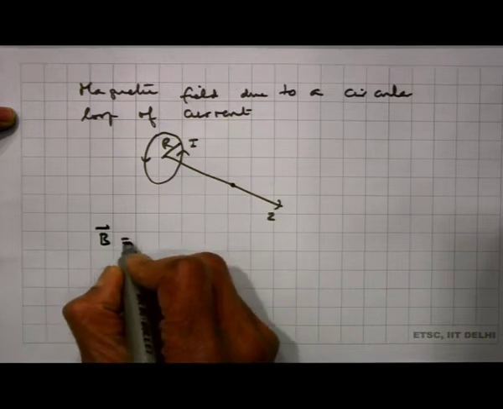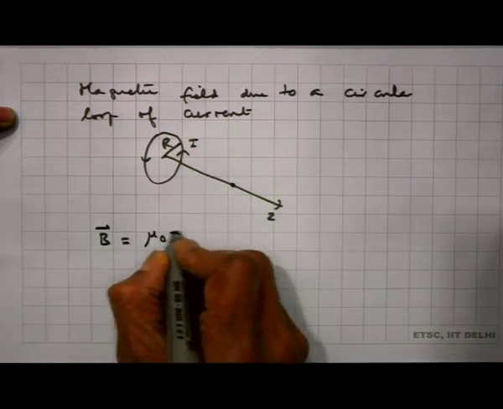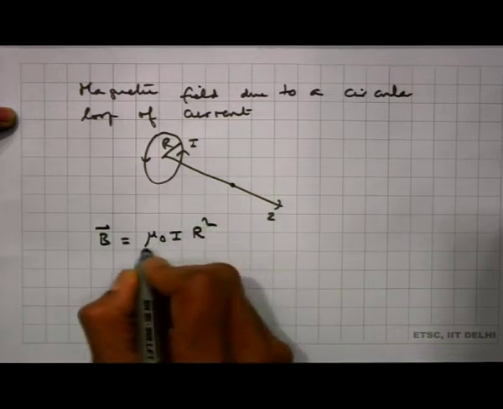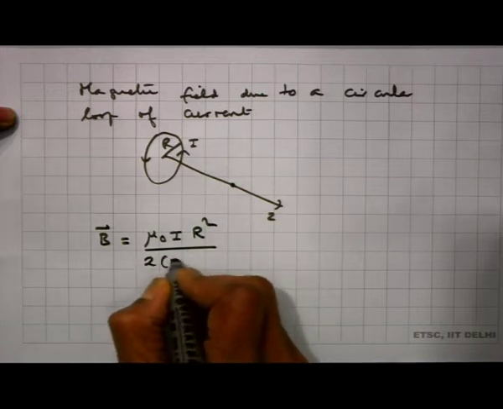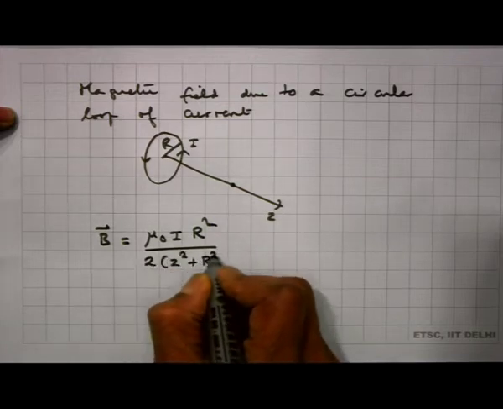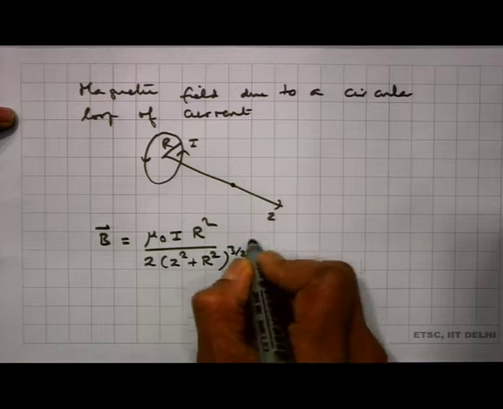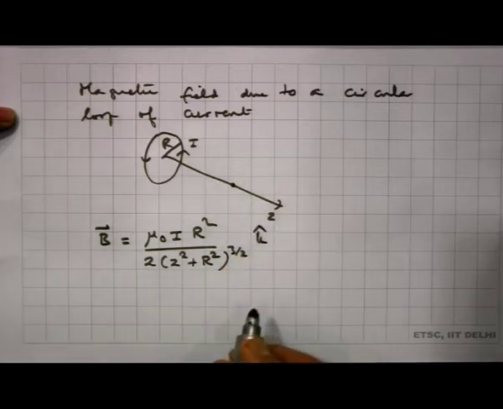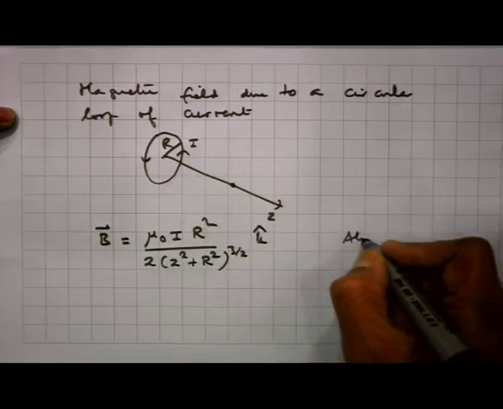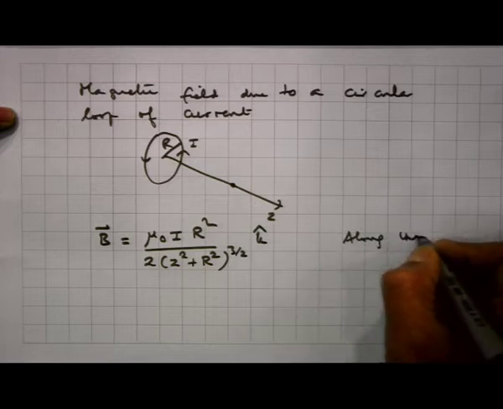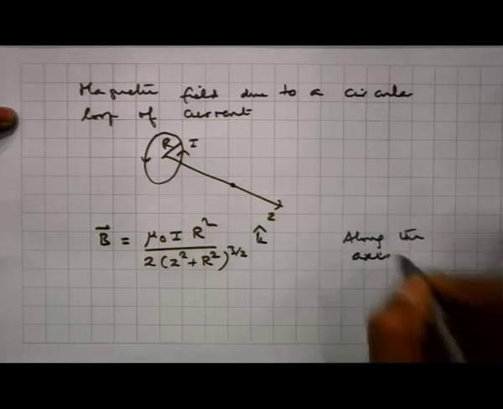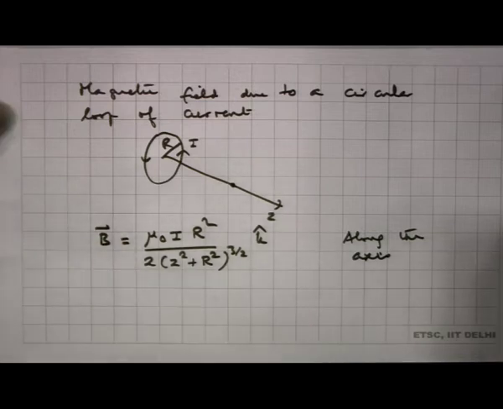We had calculated the magnetic field along the axis: B is equal to mu naught I r square by 2 times (z square plus r square) raised to the power 3 by 2, k cap. This is along the z axis.